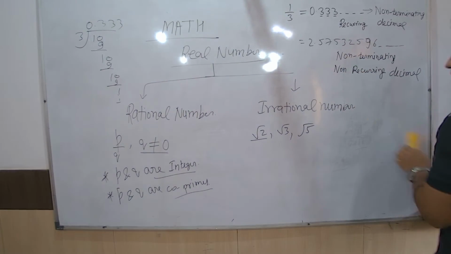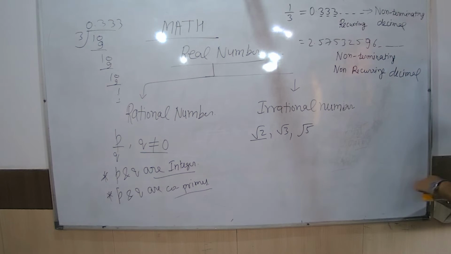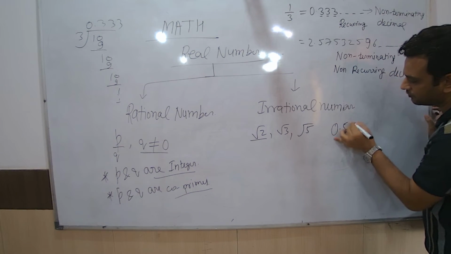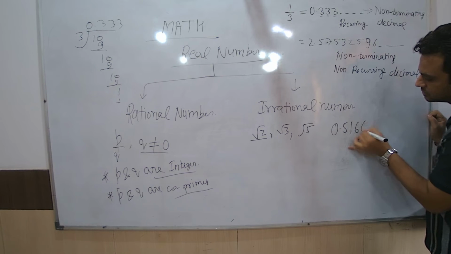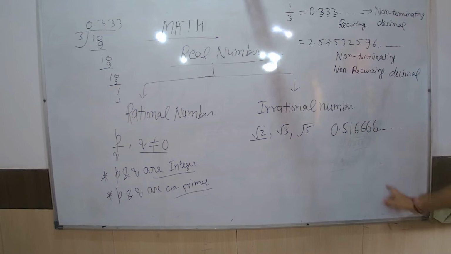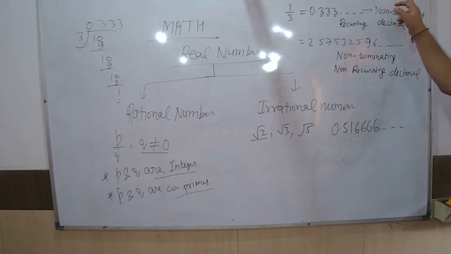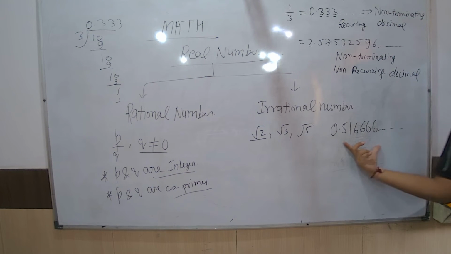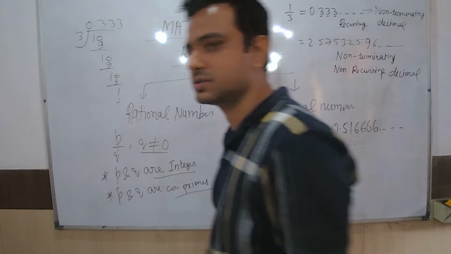Okay, so one by one I will ask. 0.51666, what are you tell? We have 3 options: terminating, non-terminating recurring, non-terminating non-recurring. You just say which type of decimal it is.